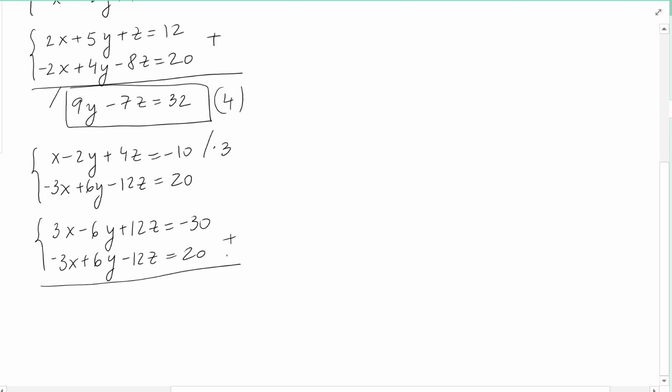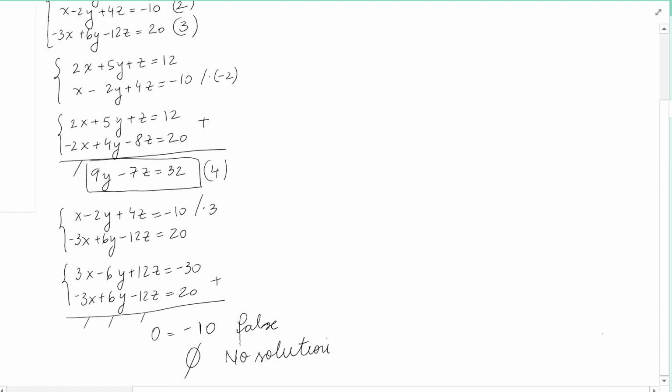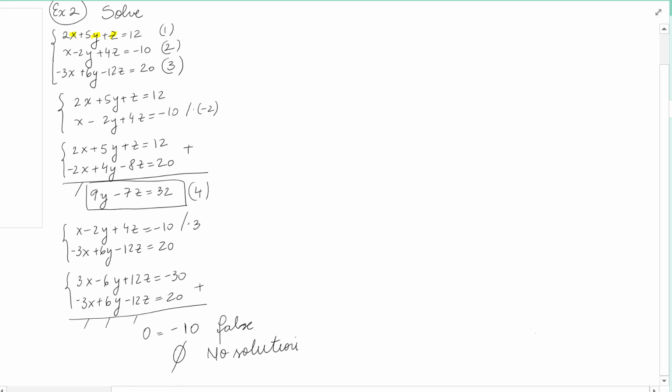When we add them up, this cancels, this cancels, this cancels. We get 0 equals -10, which is false. So the conclusion is no solution. No solution. So basically, we solved a system of three equations with three variables where we had no solution.